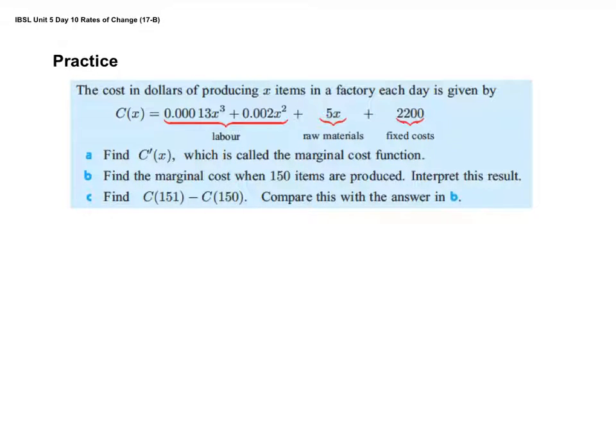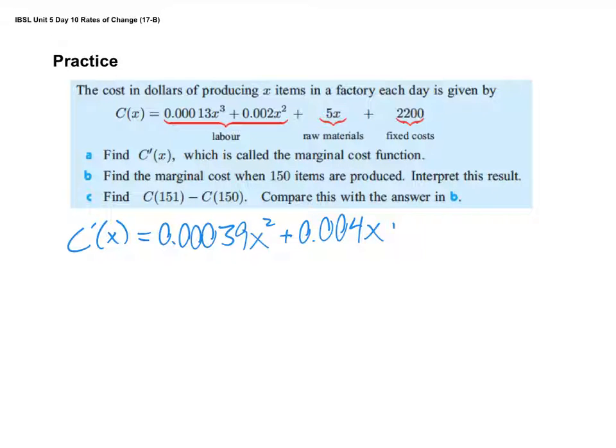If we find the derivative of this, the derivative is easy at this point. Okay, we have c prime of x. We'd have 0.00039x squared plus 0.004x plus 5.